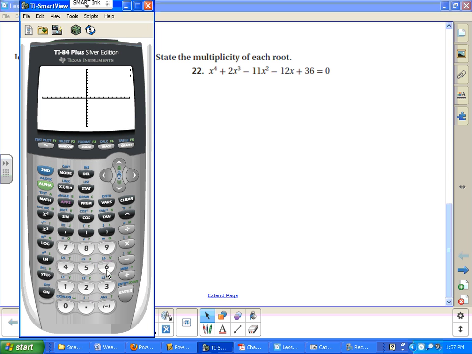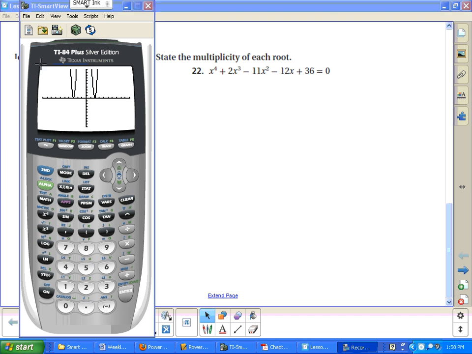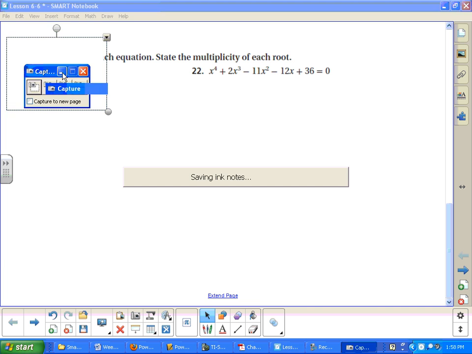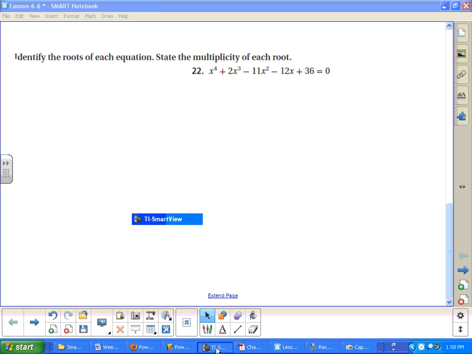Then go to your standard viewing window, zoom 6, and graph it. Knew it was going to do that. Let's try that again.